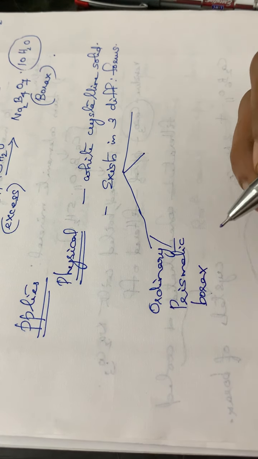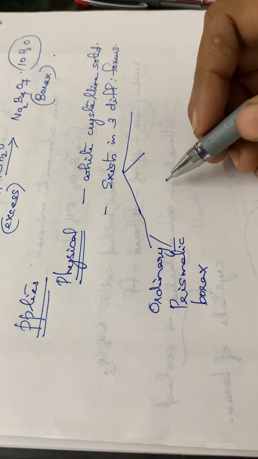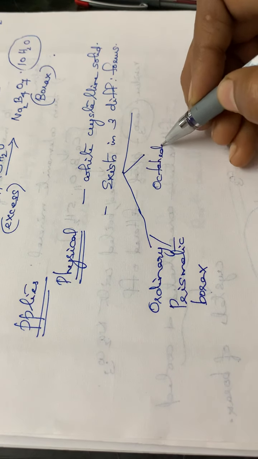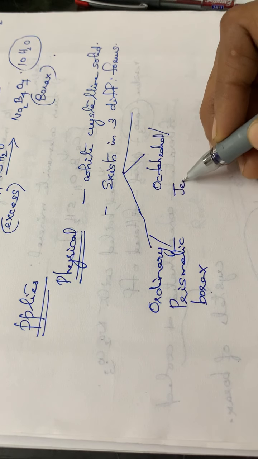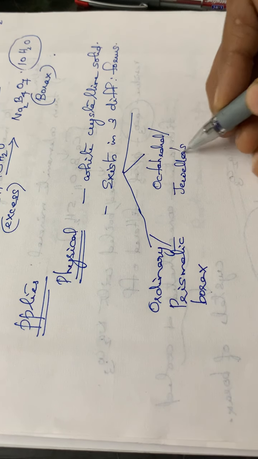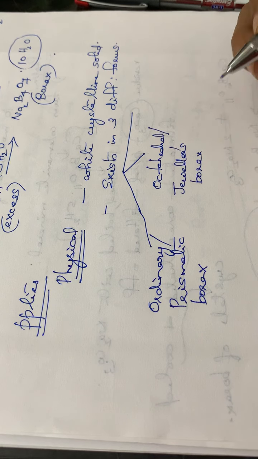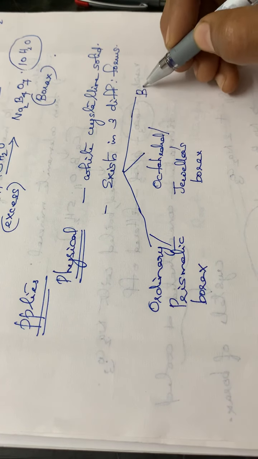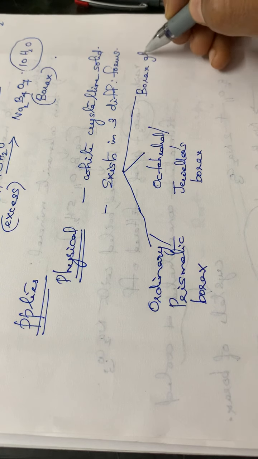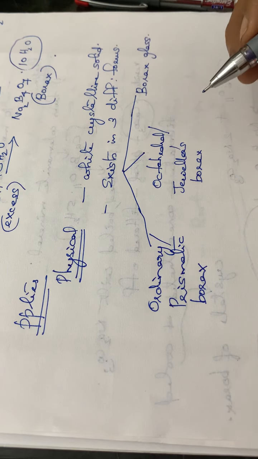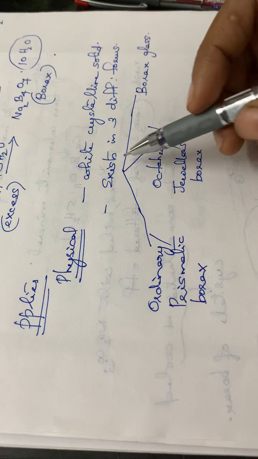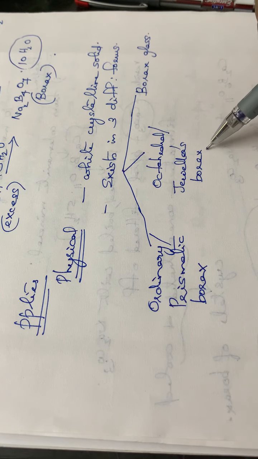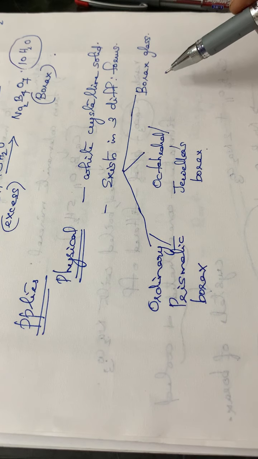The second one is octahedral or jewellers borax, and the third one is the borax glass, that is the anhydrous form. So three forms are there: ordinary or prismatic borax, octahedral or jewellers borax, and borax glass.